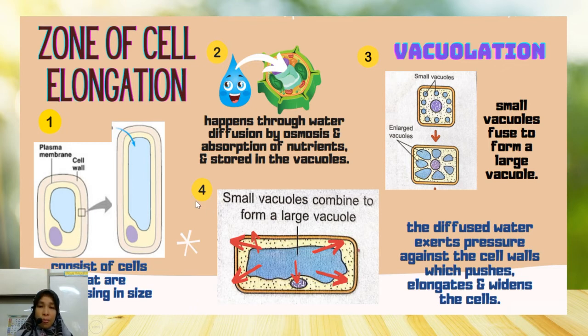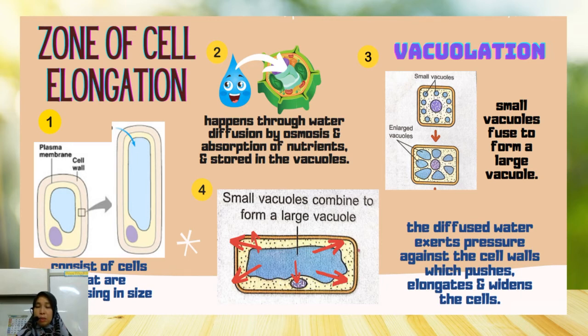Okay, number 4. Small vacuoles combine to form a large vacuole. This is vacuolation. Number 4, the diffused water exerts pressure against the cell walls, which pushes, elongates, and widens the cell. So when a large vacuole forms, the water inside the large vacuole will produce pressure.